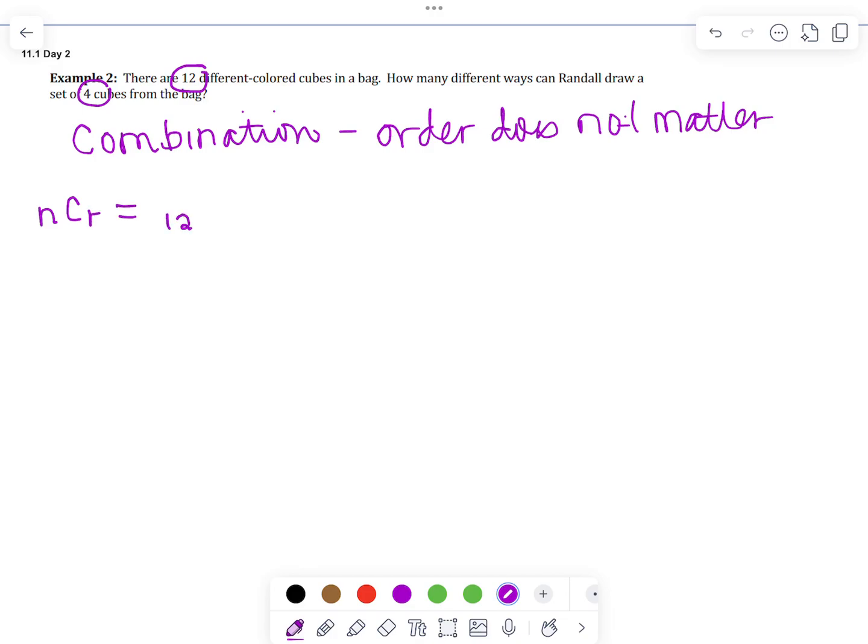So we start with 12 colored cubes and we choose 4 at a time. So we sub it into our formula. So 12 factorial divided by 4 factorial, and then 12 minus 4 factorial. Then we simplify. 12 factorial divided by 4 factorial times 8 factorial.